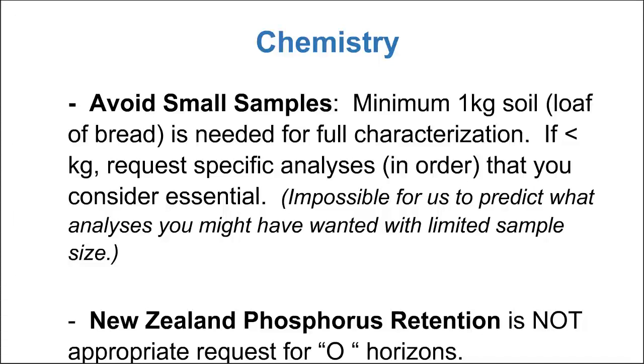The samples flow through the laboratory, and we do some of the initial tests like pH first, so that we can know what tests we need to do next on them, and sometimes you might not want the analysis that we picked to do.